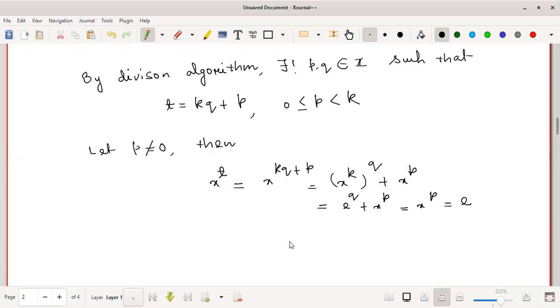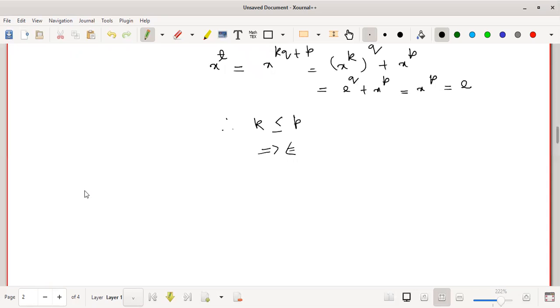But is it possible? This would mean that k, the order of the element, is less than or equal to p, because k is the least positive integer for which x to the power k is identity. You have shown p is an integer for which x to the power p is identity, so k should be less than or equal to p. But that is false, because I know that p is less than k.